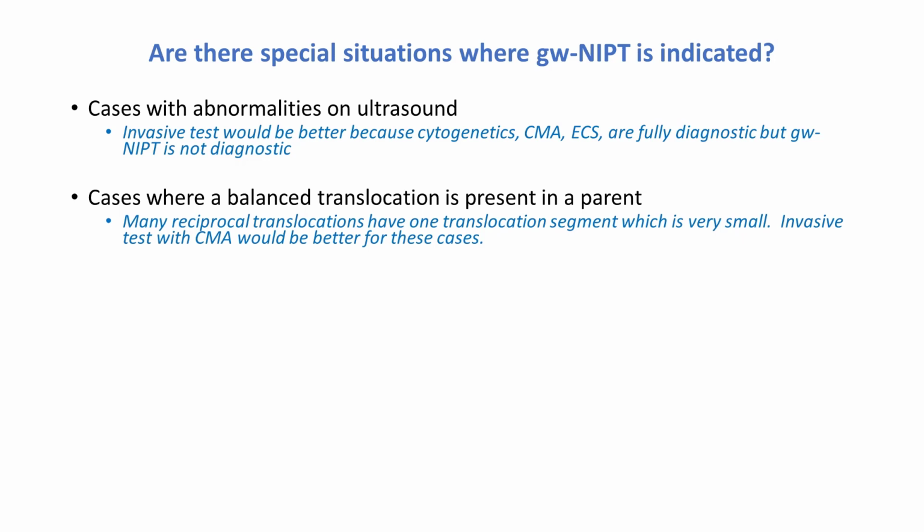So the strong indication here is these are high-risk cases when there's a balanced translocation segregating, and you really, again, should be thinking about an invasive test with a chromosome microarray to better sort out these cases.